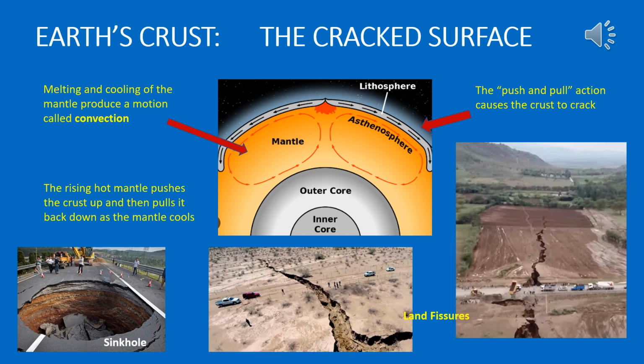This process repeats again and again as long as there's a continuous supply of heat. And it so happens the mantle has a constant supply of heat. This melting and cooling of the mantle produces a continuous convection under Earth's crust. The push and pull action is what causes the crust to break apart.